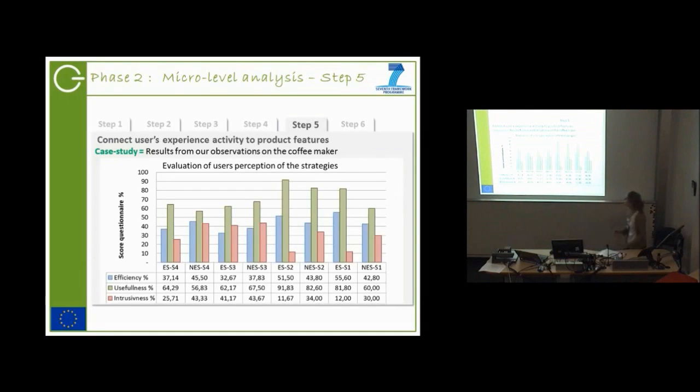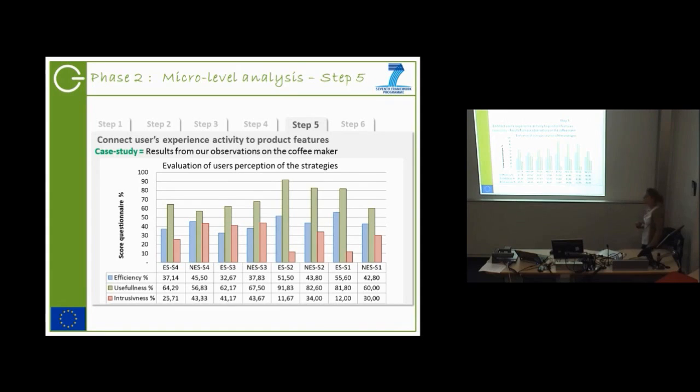And this is the second result that I wanted to show you. After testing all of the implemented coffee machines, the users answered a questionnaire on their perception of the strategies.